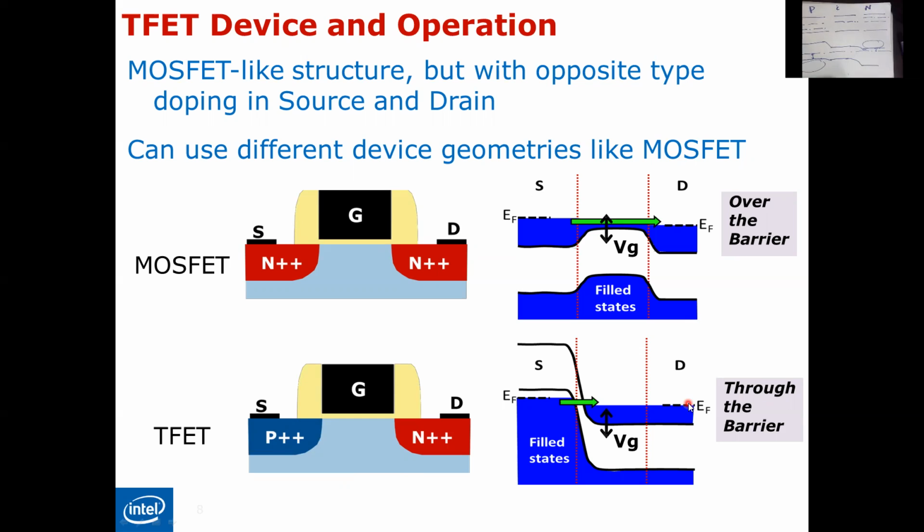So you should implement your p-type and n-type regions, which are the source and drain, as degenerate semiconductor material in order to perform this tunneling effect across the energy band gap. So this is simply the concept for the tunneling field effect transistor.